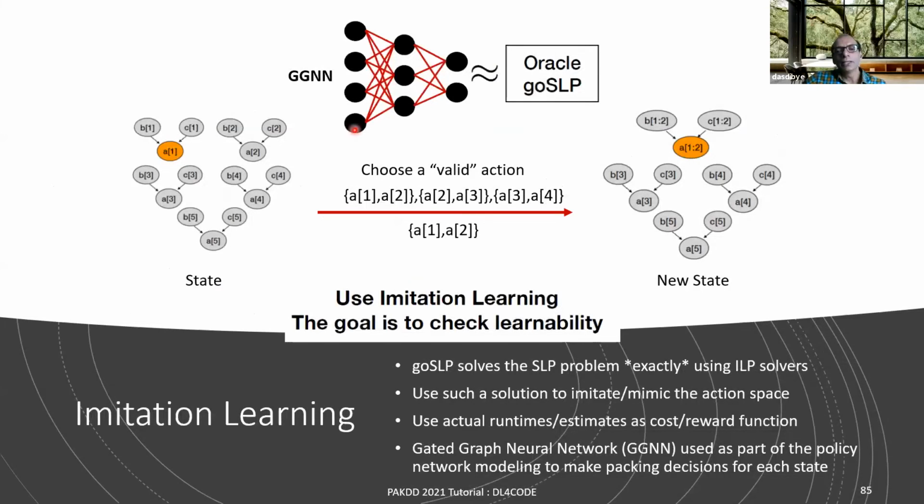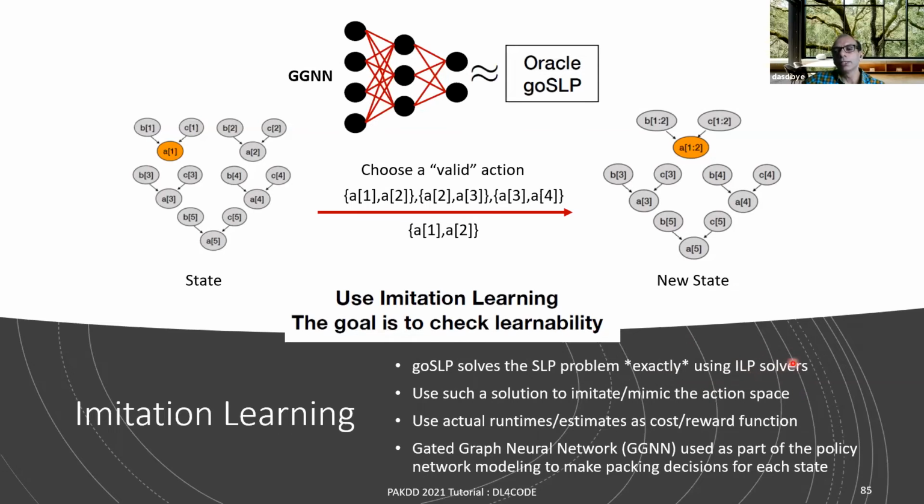Okay, and then comes the idea of imitation learning. In this case, what are we really imitating? There is an older paper from the same authors about two years back where they solved the same problem using ILP solvers, because this is a hard problem, how to pack two instructions together.